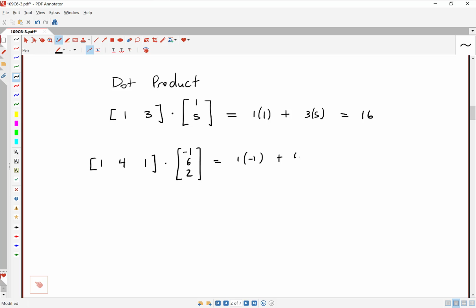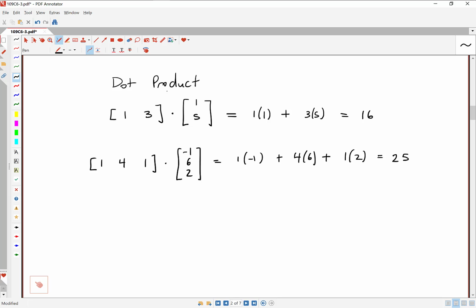So we're adding on 4 times 6, and then we're adding on the product of the last numbers, so 1 times 2. So you're just forming these little products and then summing them up. So in this case, we'd have -1 plus 24 plus 2. And you can do this on your calculator, might make it a little bit easier. So that gives us 25.